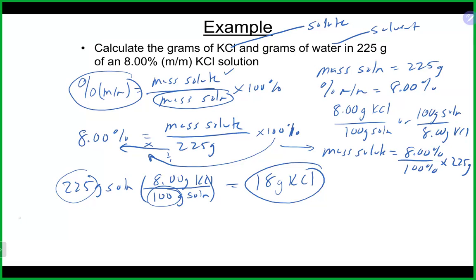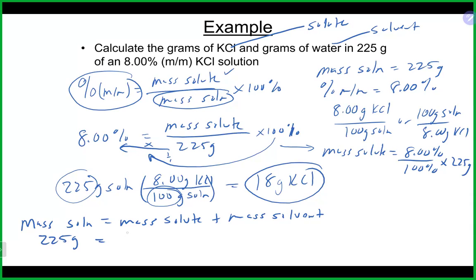We know that the mass of the solution is equal to the mass of the solute plus the mass of the solvent, which is the water in this case. So we now know the mass of the solution is 225 grams.